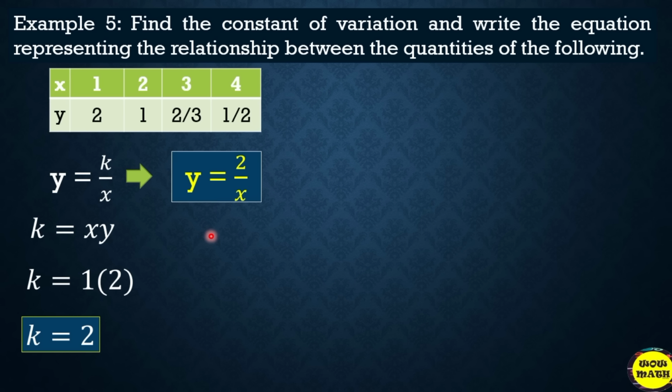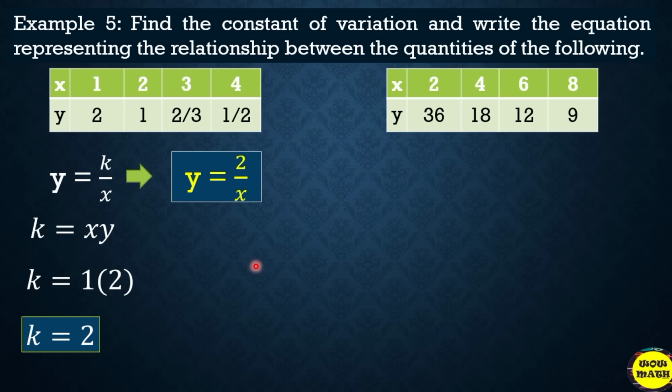So, that is y is equal to 2 over x. Okay? So, sa problem na to, ang constant natin ay 2 at yung equation natin ay y is equal to 2 over x. So, ulitin ko lang, pwede kayo mamili dito, no? Pwede kayo mag-select, okay? Pwedeng ito or pwedeng yan pag kukunin yung constant.